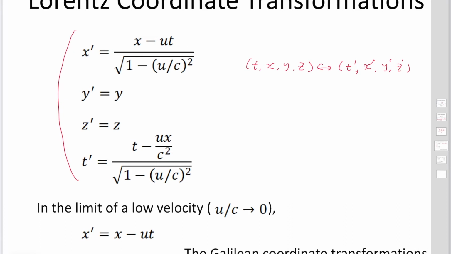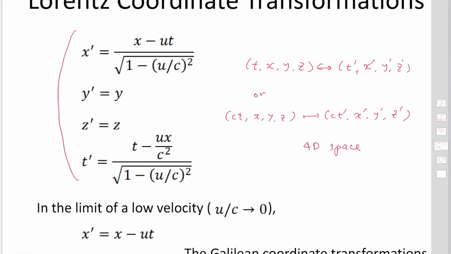Often, instead of t, we multiply by c, so ct, x, y, z to ct prime, x prime, y prime, z prime. We call this transformation in 4D space.